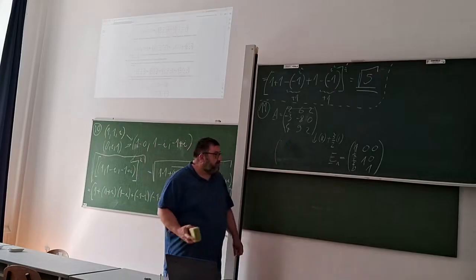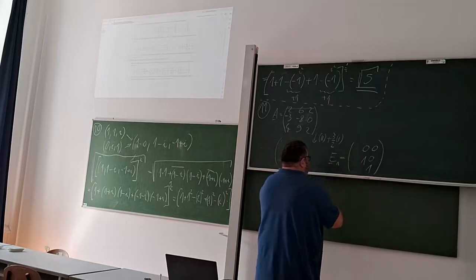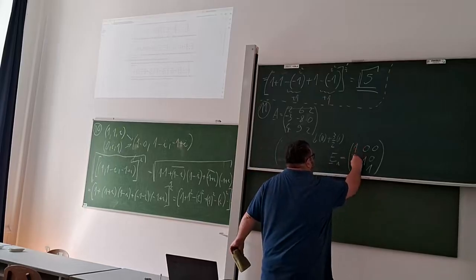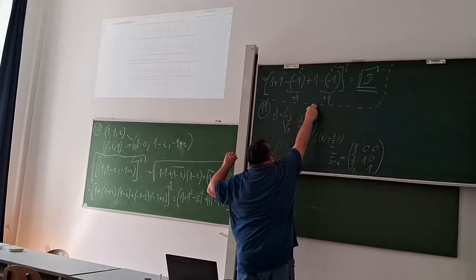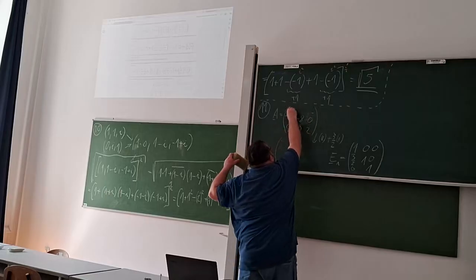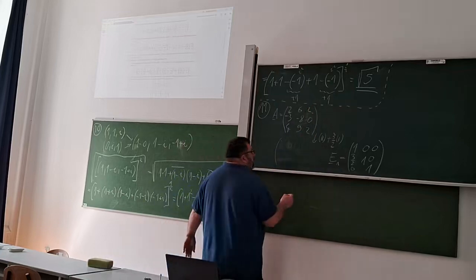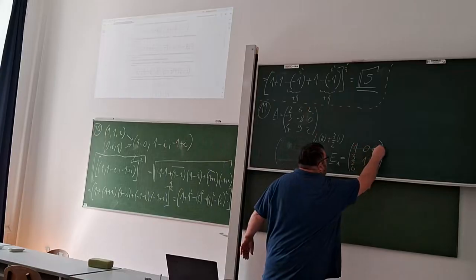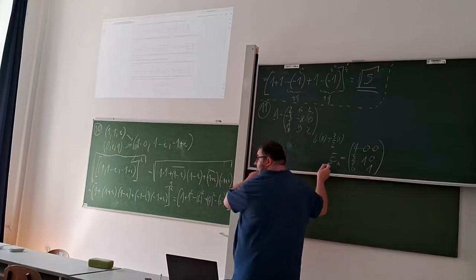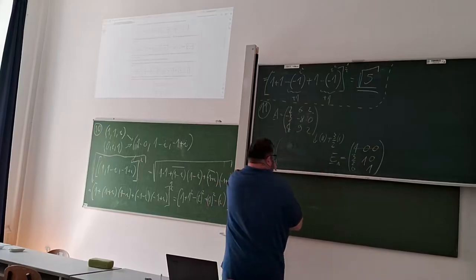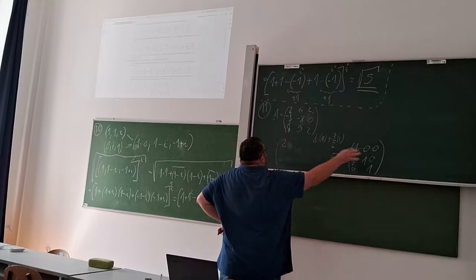The order of multiplication is not this. The order of multiplication is not that one. So I multiply this with this. So it's opposite. So E1 times A. And then it means 2. And then everything is 0.